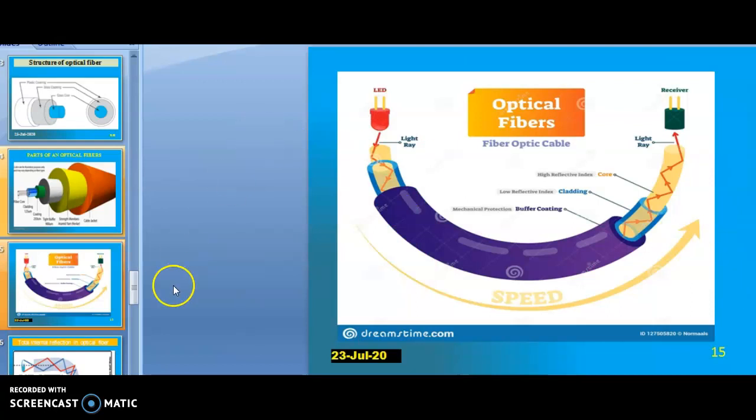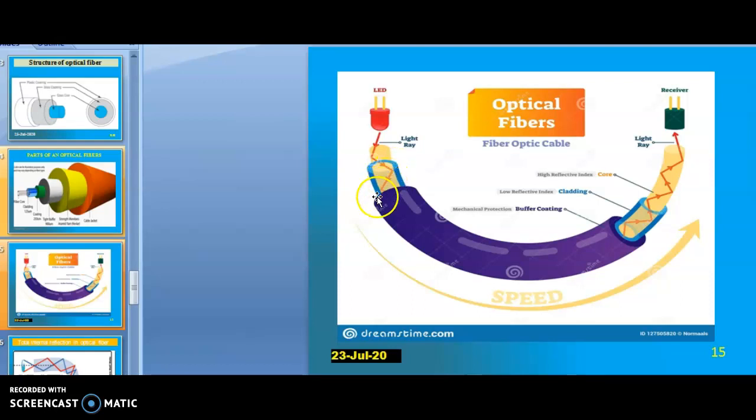If I consider an optical fiber, this is the signal that I want to send from one end to the other end by using an optical fiber. Whenever I switch on this light, the light ray enters into the optical fiber. Here it undergoes total internal reflection, and here also it undergoes total internal reflection.